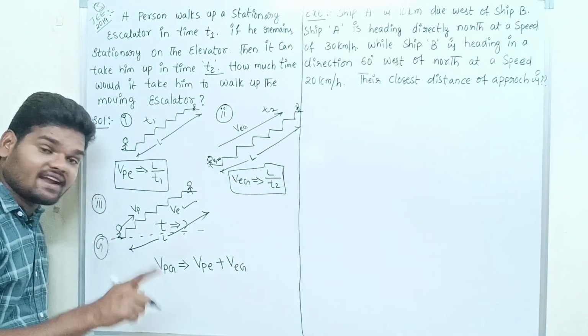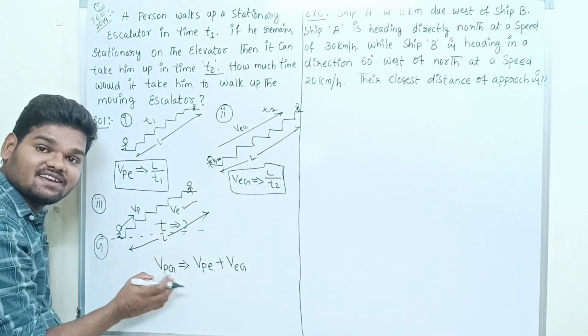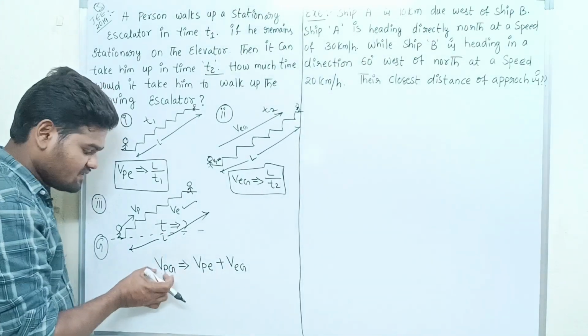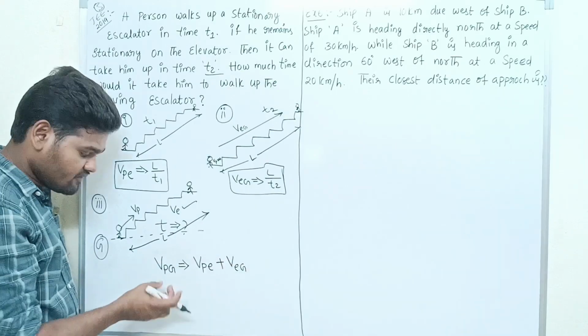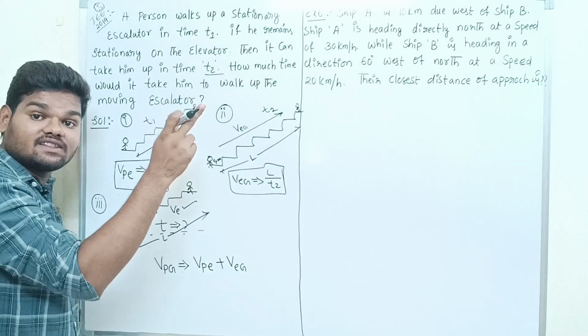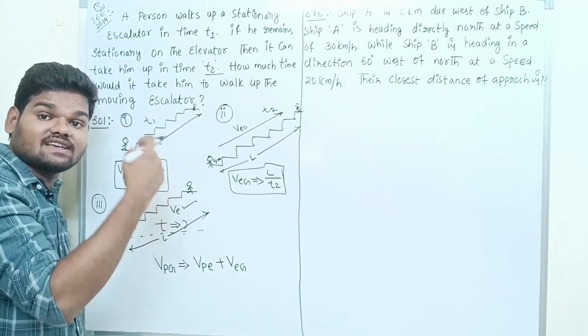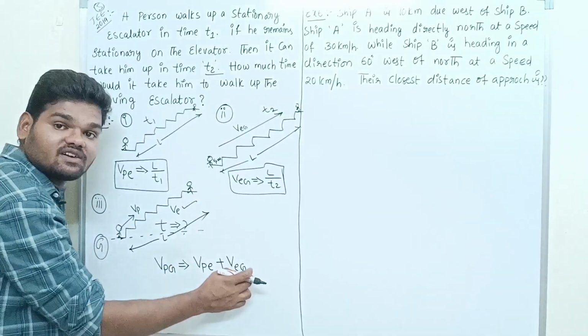To get the time taken, we need the velocity of the person with respect to ground. We know the formula: Vpg equals Vpe plus Veg. In concept, the velocity of a particle with respect to ground is the velocity of the particle with respect to the S dash frame plus the velocity of the S dash frame with respect to the S frame.